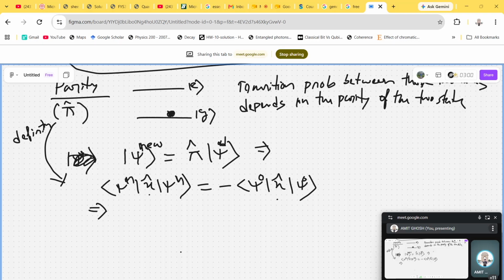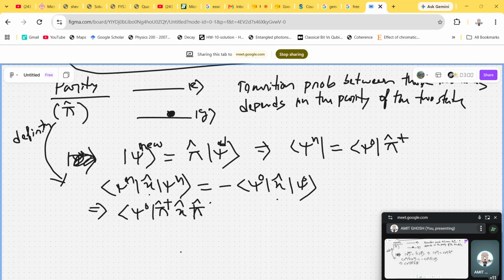So this is the ket. The bra vector will be given by ⟨ψ_n| equals, first, ⟨ψ_old| and Π† here. So ψ_n here you can write ⟨ψ_0|Π†. x̂ ψ_n will be given by Π̂ and ψ_old. Just ψ_n you replace here, these two you replace here, then you will get this.